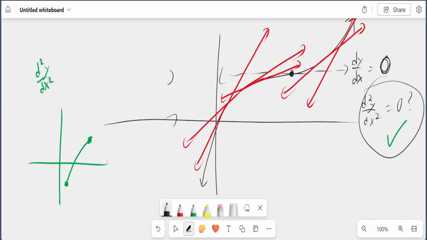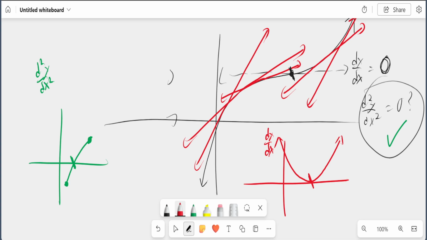One second. Let me draw this first. Okay. So if we draw dy dx, right? It's negative and it's positive and decreasing, right? So it's like this. And then, maybe I should draw it like this, right? And here I'll draw this, and I'll draw that, so we all know we're talking about the same point.